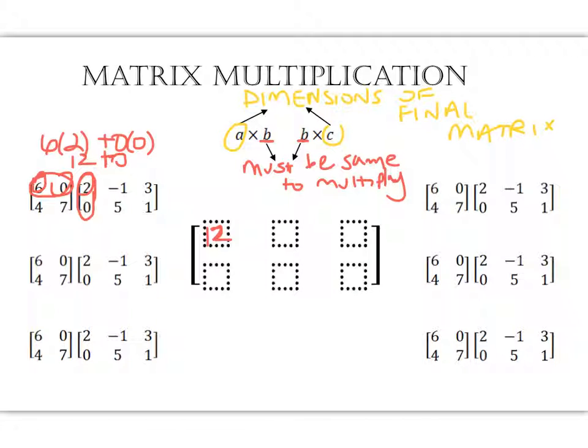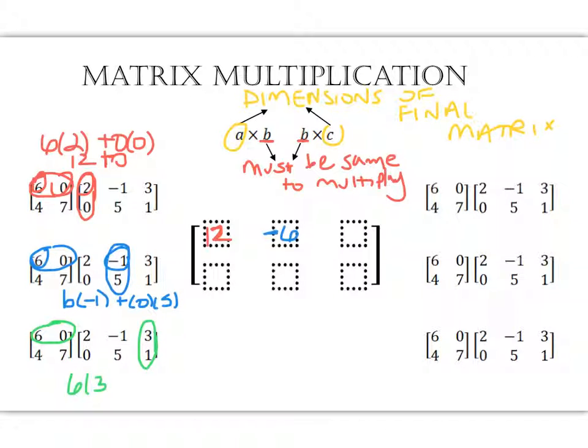Now I'm going to keep doing the 6 and 0, but I'm going to move and do my second column. So for this, I'm going to do 6 times -1 plus 0 times 5, which will give me -6. You with me? First row times third column: 6 times 3 plus 0 times 1 gives me 18.